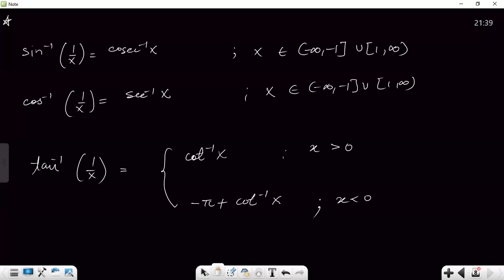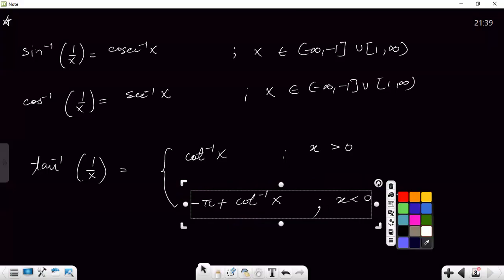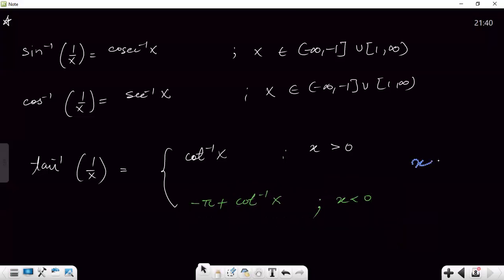The third one, this is important to understand. When x is negative, x is less than 0 means this is negative. Clear? Yes, sir. Is there any doubt?